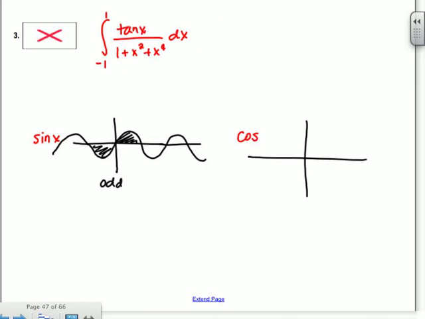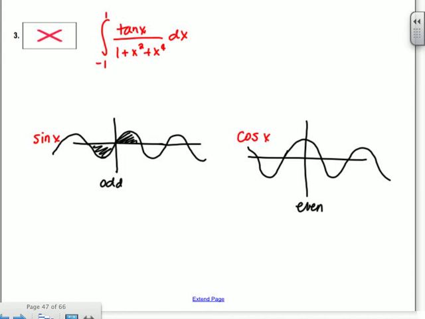All right, so in the first class, we talked about sine and cosine, first of all. So sine, think of its graph. Odd or even? Odd, clearly, right? Positive, negative, they cancel each other out. Cosine of x. Odd or even?